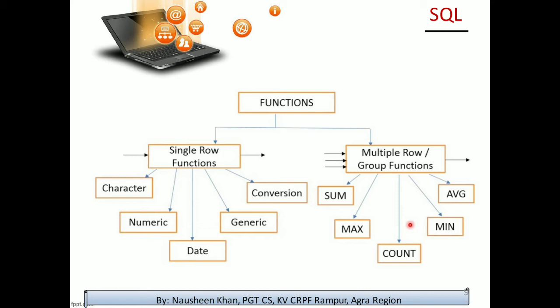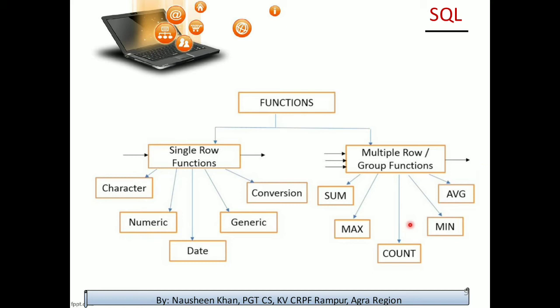Now see, by using this chart, we will be able to easily understand the difference between the different functions. In single row functions, there is a single input. This arrow denotes a single input and this arrow denotes a single output. Whereas in multiple row functions or group functions, there are multiple rows for input and for output, there is a single row.